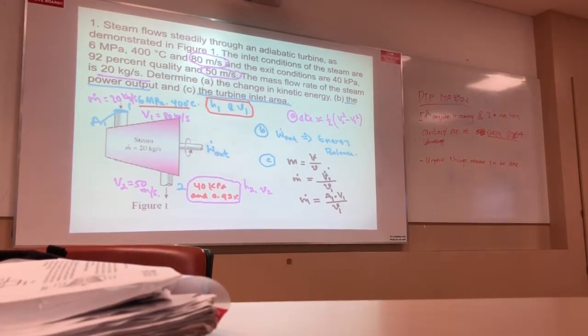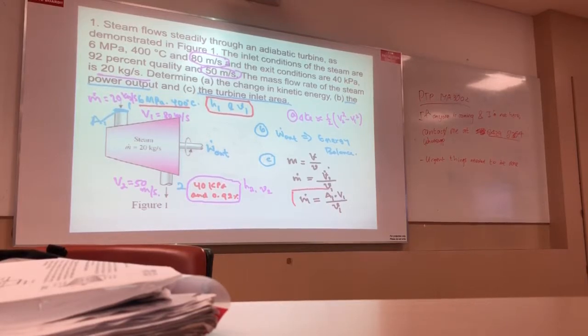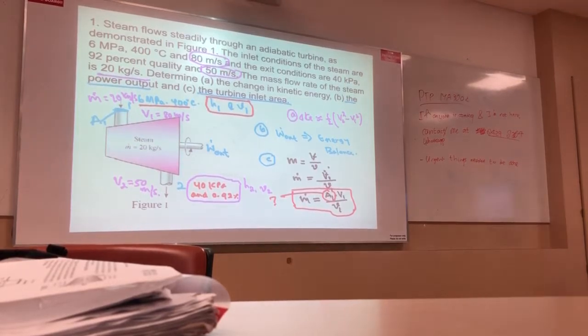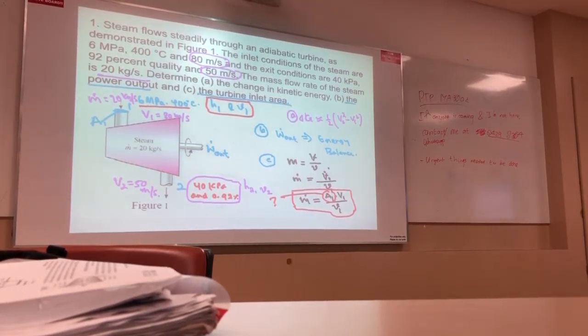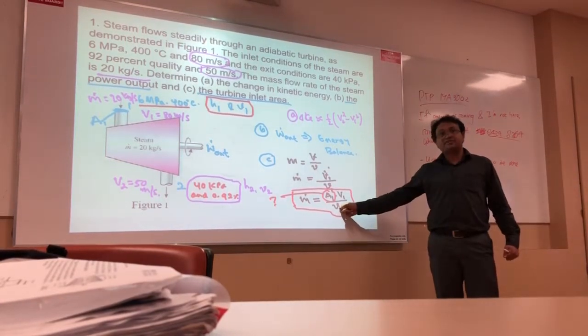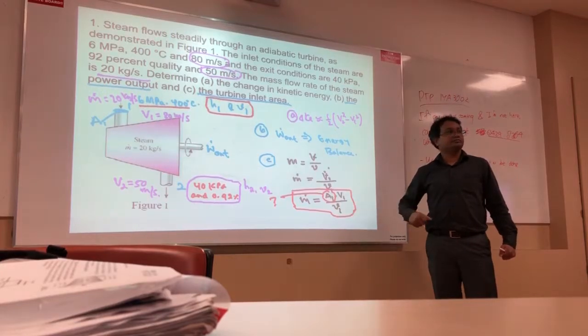So this is the concept, how to calculate A1. So m dot equals A1 times velocity V1 divided by v1. Capital V indicates the velocity, and small v is specific volume at state 1. Done.